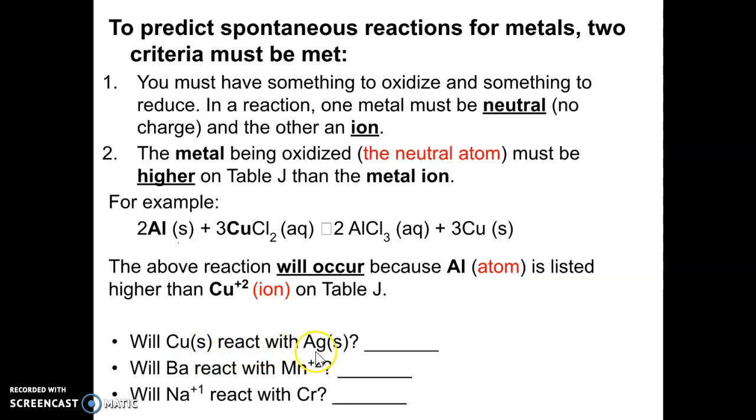Okay, let's see if we can figure out these ones. Will copper solid react with silver solid? Remember one of the rules was that one of them had to be an ion. They're both solids, so that's not going to work. So no, they're both neutral metals. No reaction. What about barium solid with manganese ion?